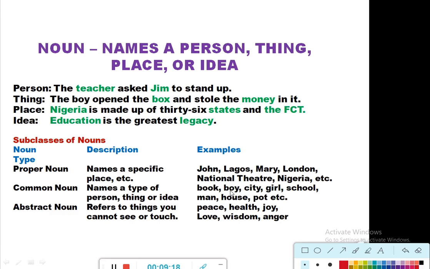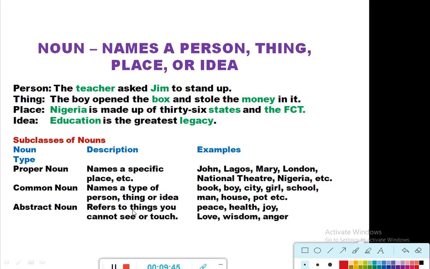So a boy belongs to that type of human being we are talking about. So that's what a common noun is. It gives a name that all the things that belong to a particular class or type share in common.